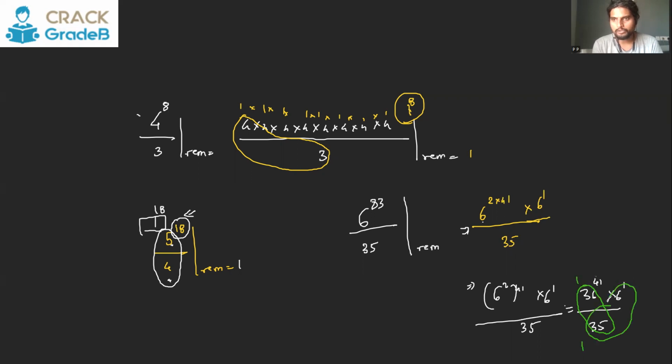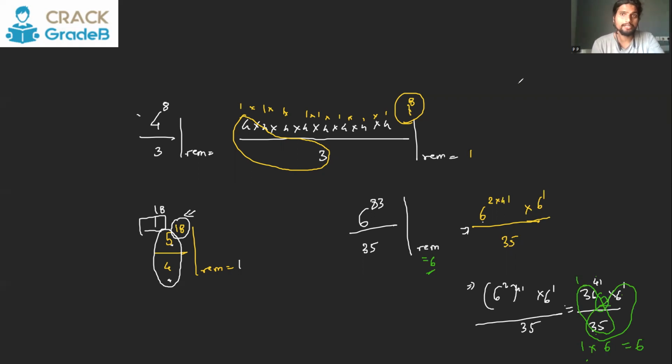Here the individual remainder is going to be 6 itself, because 6 is already lesser than 35. So it is itself the remainder, and the sign between being into, so 1 into 6, 6 is going to be the final remainder for this question. So this is how you are going to solve these questions, and you have to create a number which is 1 more than the denominator.